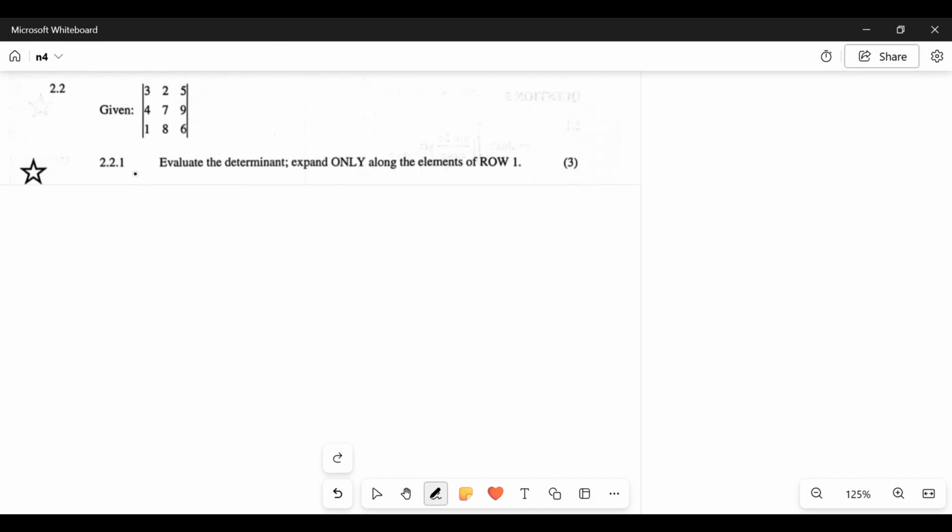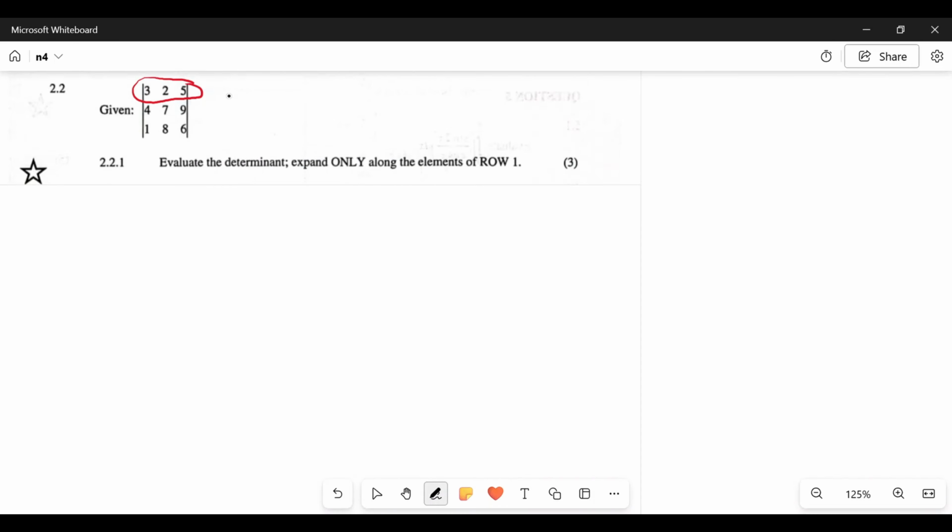We have 2.2.1. They want us to evaluate the determinant. Expand only along the elements of row 1. So on this question, they want you to use row 1 as the reference to get the determinant. So we're going to highlight row 1 so that we are able to use it. Before we calculate the determinant, this means that row 1 entries, they're going to carry signs.